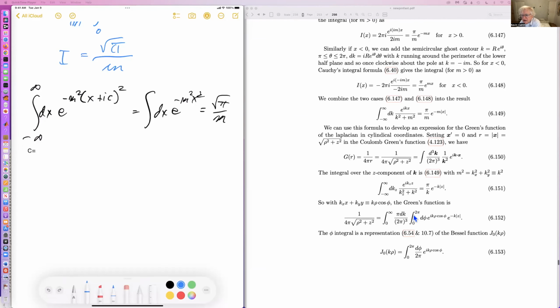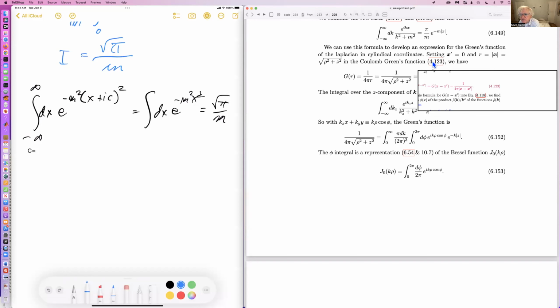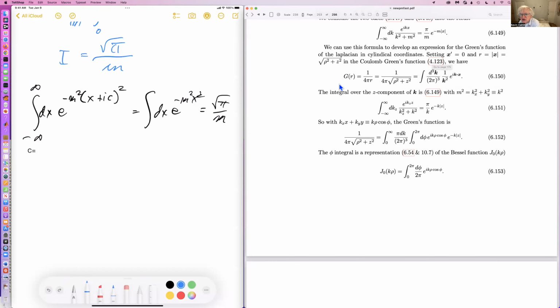This formula allows one to write the Green's function of the Laplacian in cylindrical coordinates. And if we go back to the Coulomb Green's function, that's the Coulomb Green's function.